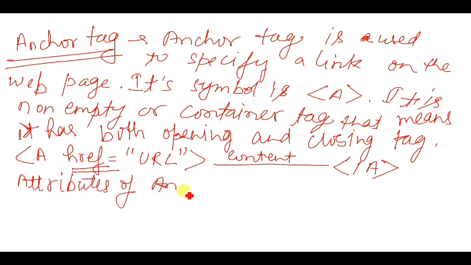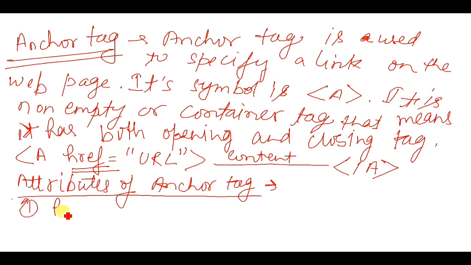Student, next are the attributes of the anchor tag. The anchor tag has many attributes. What are attributes? Attributes are the properties which give more information about the tag. The first attribute is href, hypertext reference. It specifies the URL or the path name of the document.